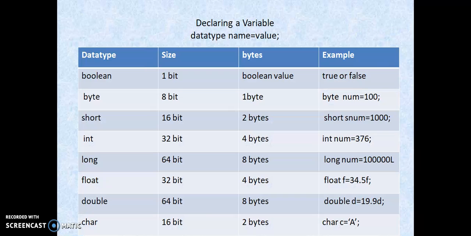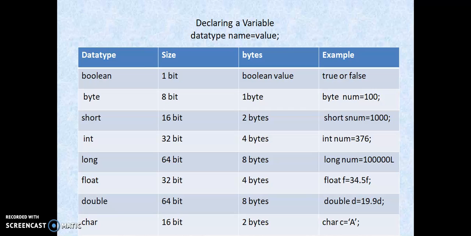Going ahead, we are going to see that when we declare a variable, it should have a data type, the name of the variable and the value to be stored. Now the following table explains the data type, the size, the bytes it holds and its example.